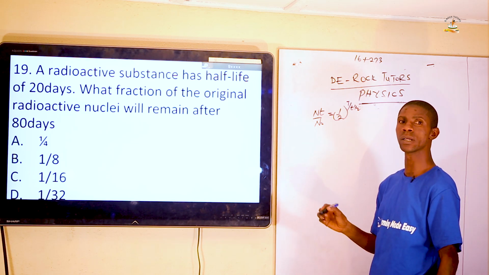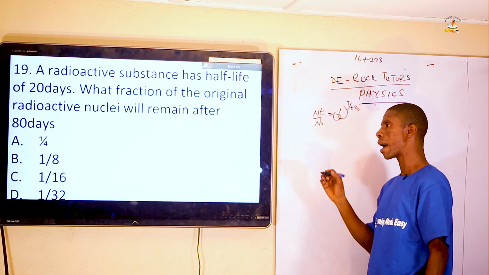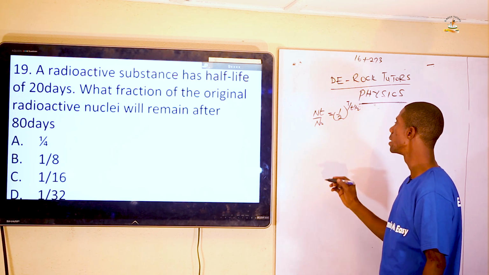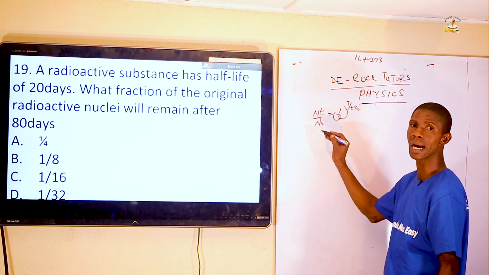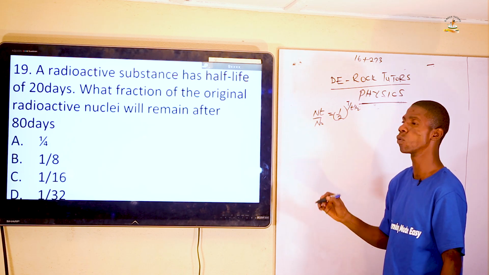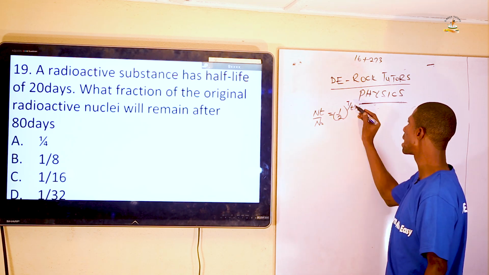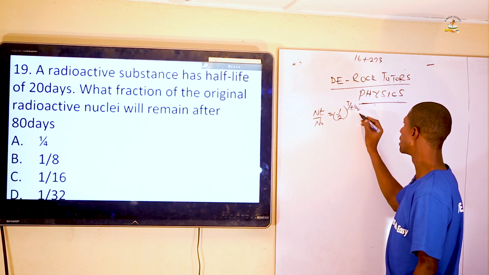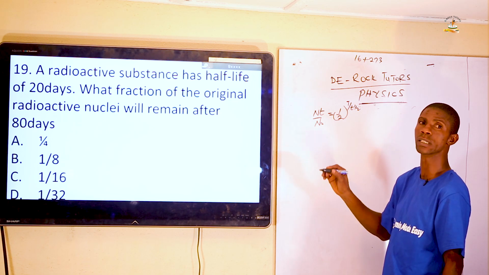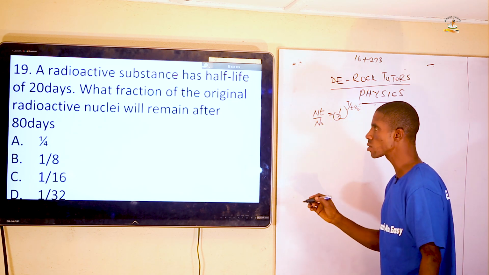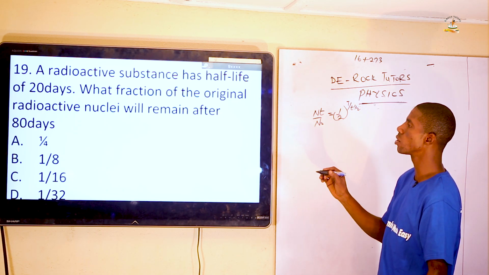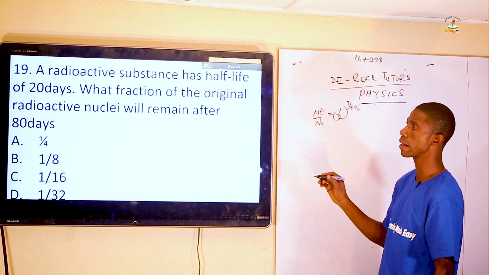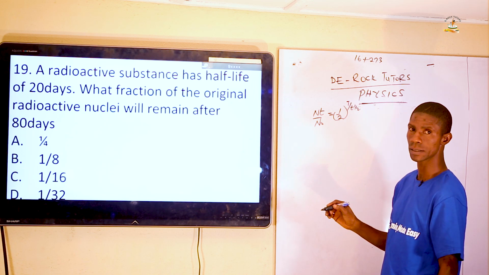NT is the number of atoms after disintegration, NO is the original number of atoms before disintegration, capital T is the time of disintegration, and T half is the half-life.